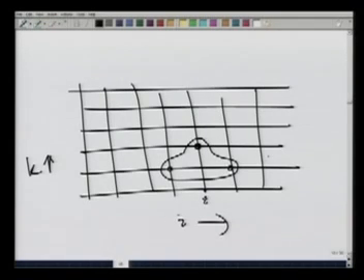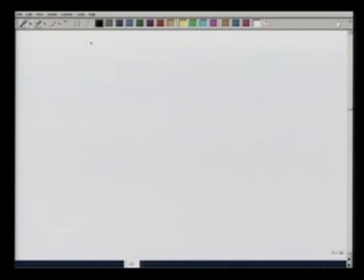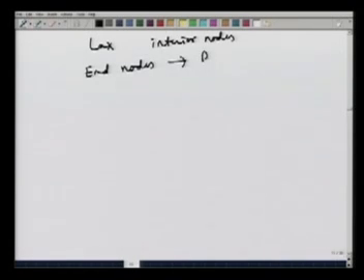Okay. So what we do is this lag scheme can be used, just remember, for the interior nodes, and for the end nodes or the boundary nodes we use the boundary condition.